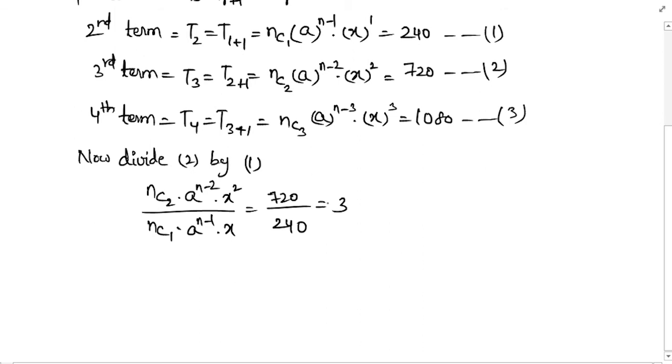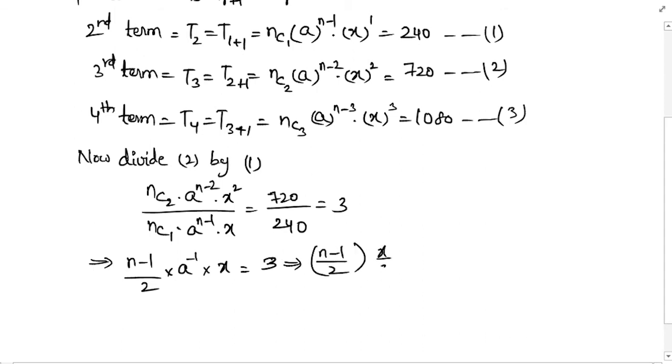So that implies (n-1)/2 times a^(-1) times x is equal to 3.